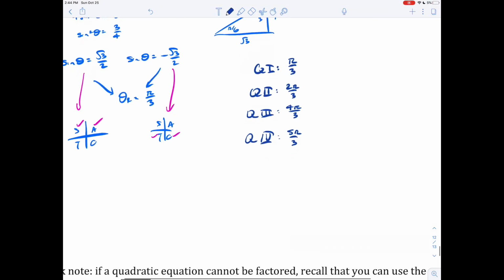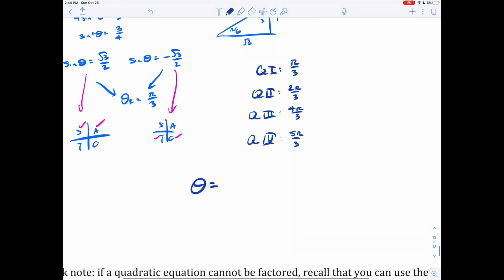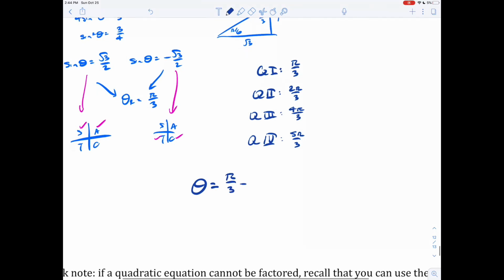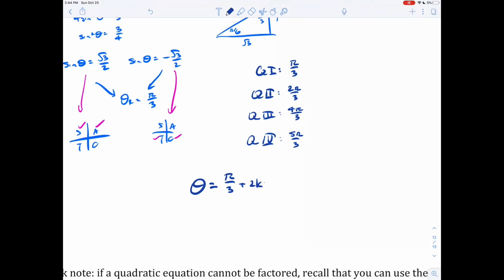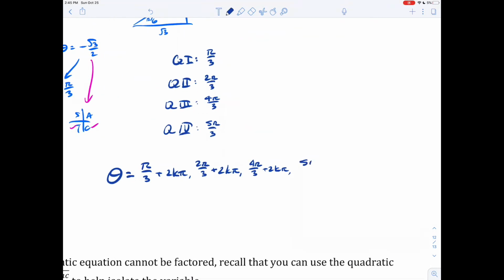We can have anything coterminal to that. So theta could be pi over 3 plus 2k pi, or it could be 2 pi over 3 plus 2k pi, or it could be 4 pi over 3 plus 2k pi, or it could be 5 pi over 3 plus 2k pi.